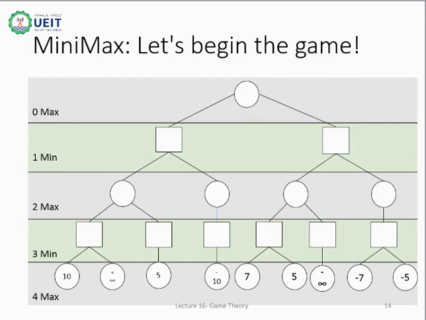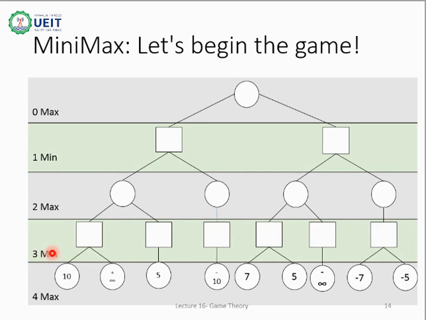Minimax is a bottom-up approach. This means that utilities from the bottom are taken upwards. In this example, we start from level 3, which is min. This means that now it is the turn of player 2, and the task of player 2 is to minimize the utility function.